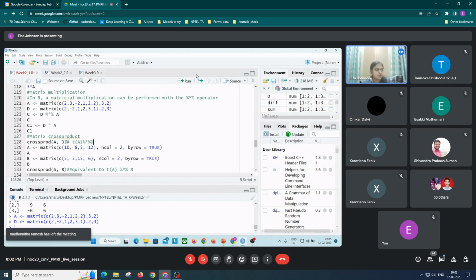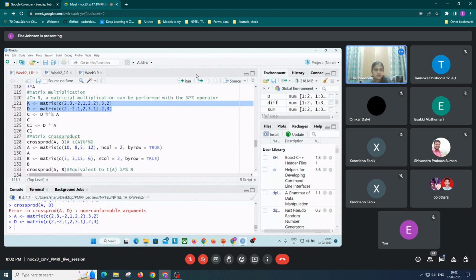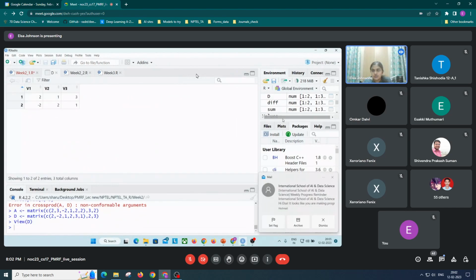If you want to multiply the transpose of a matrix with another matrix, that is known as cross product. For cross product you just have to type crossprod of A comma D. If you type like that, it's coming non-conformable arguments. So why is it like that? This is the A matrix and D matrix.